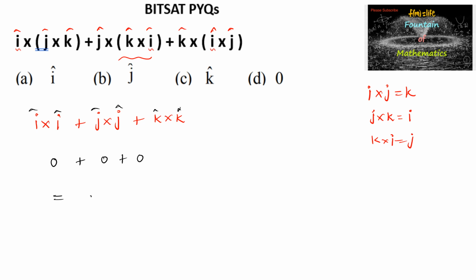So we can give the final sum as 0, which is option D. And here i cross i is 0 because the angle between the same vectors is 0, and hence the sine of 0 is 0. So option D is the answer.